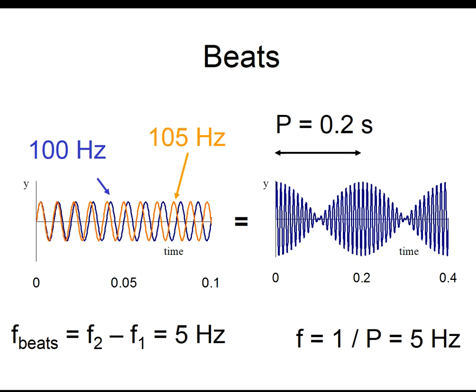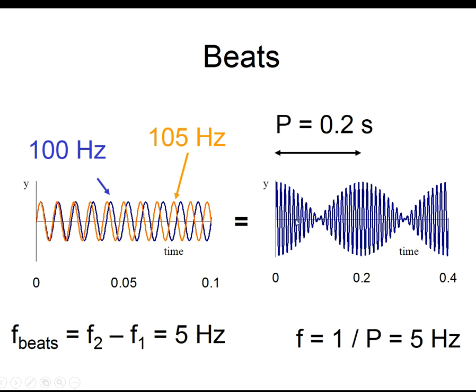Well, this is pretty much the concept of beats. At the beginning they're in sync with each other, but the orange wave here is 105 hertz, and the blue is 100 hertz. So after a few cycles, the orange one is now at an up, whereas the blue one is now at a down. This corresponds to a destructive interference, which you can see here on the right.